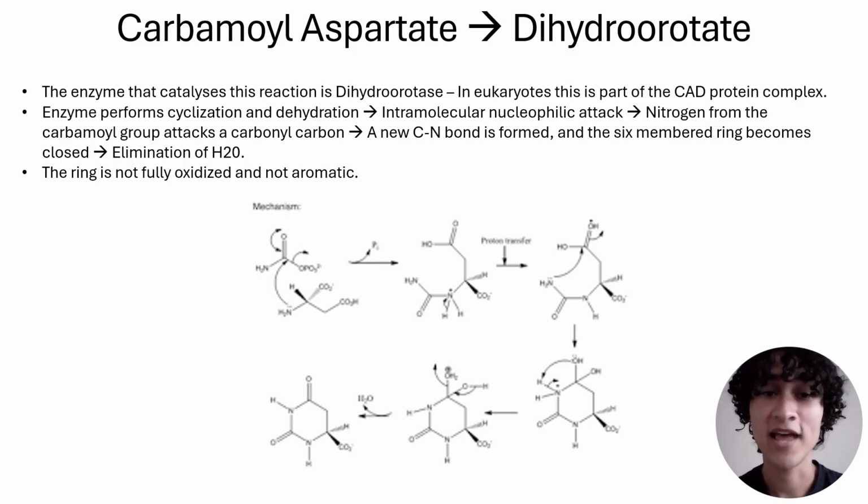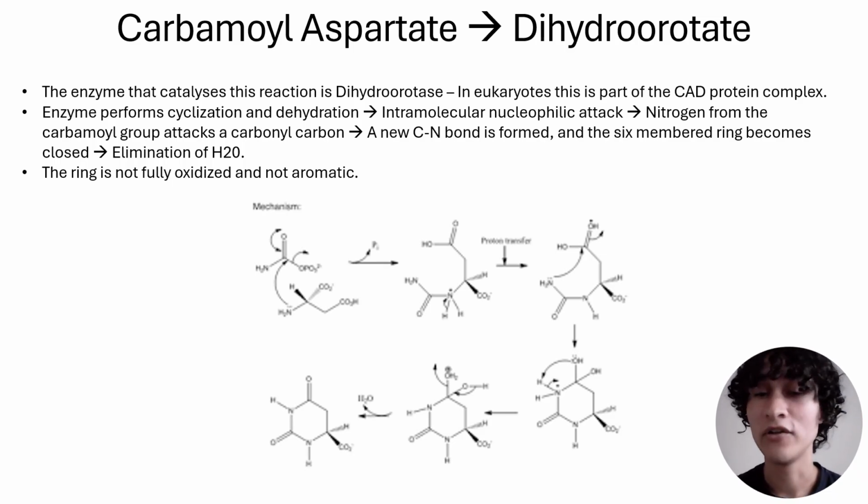Now the enzyme that catalyzes this reaction is dihydroorotase. And again, in eukaryotes, it's part of that CAD protein complex, that trifunctional CAD protein complex. Now, the enzyme performs a dehydration reaction, okay, and what's happening is an intramolecular nucleophilic attack. The nitrogen from the carbamoyl group attacks that carbonyl carbon from the aspartate, and a new C-N bond is formed, and that 6-membered ring becomes closed, and H2O is eliminated.